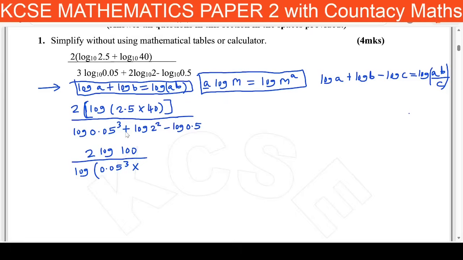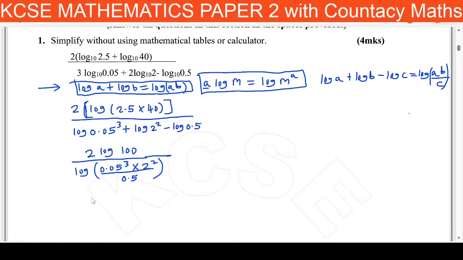So each and every moment that we have an addition sign in between the logarithms, we usually turn it to a multiplication, but now we factor out the log inside and then we multiply the numbers that are there. So we multiply by 2 to power 2. But what do we have here? We have a minus. Since we have a minus, we have to divide by 0.5, like that. And remember, all this is the numerator, and this is the denominator. So let's go ahead and simplify the cases that we have here.